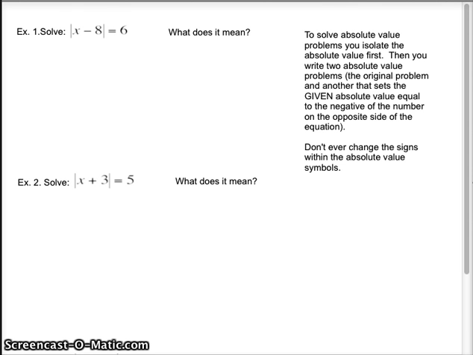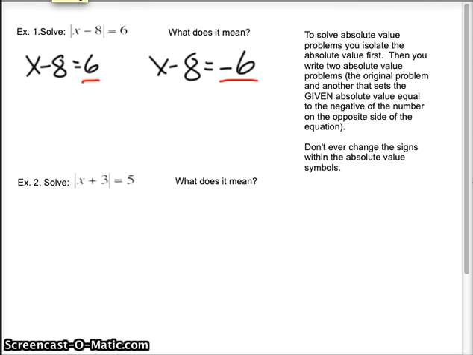So when you're solving these absolute values, you are always getting two equations: an equation with a positive here and a negative. Two separate equations that you need to solve.